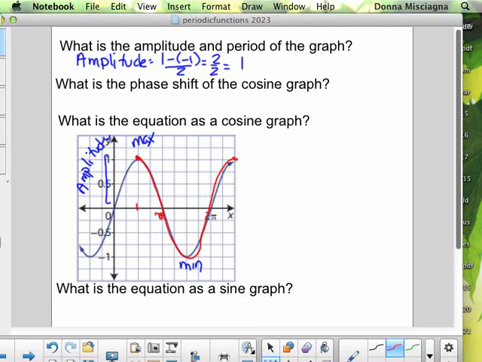This would be pi halves, and that's where the period is starting. And 2 more spaces to the right, this is 5 pi halves. I'll just label this: pi halves, and 2 more spaces is pi, and 2 more spaces is 3 pi halves, and 2 more spaces is 2 pi, and then this would be 5 pi halves, 2.5. Right, so this is the length of the period.